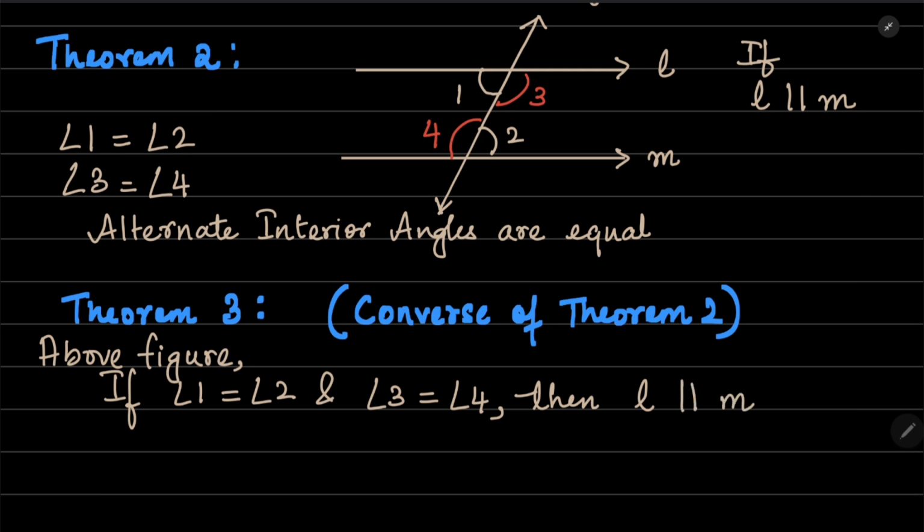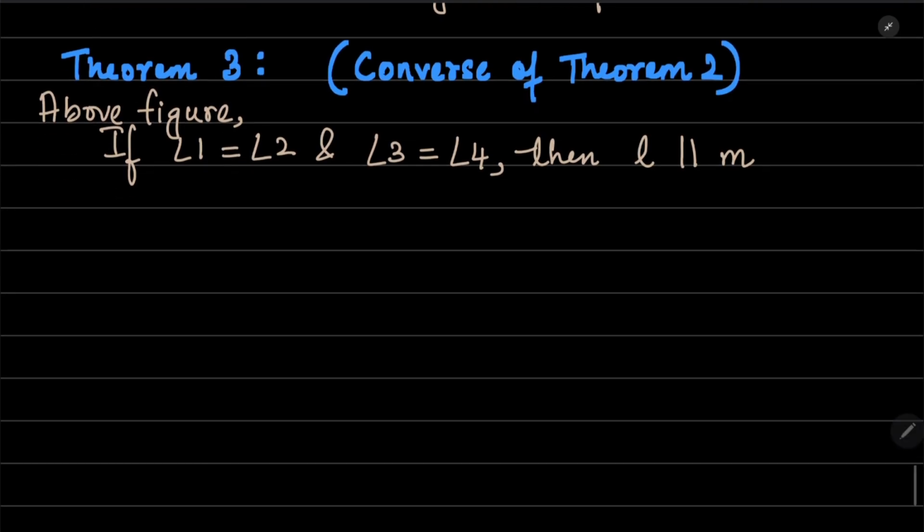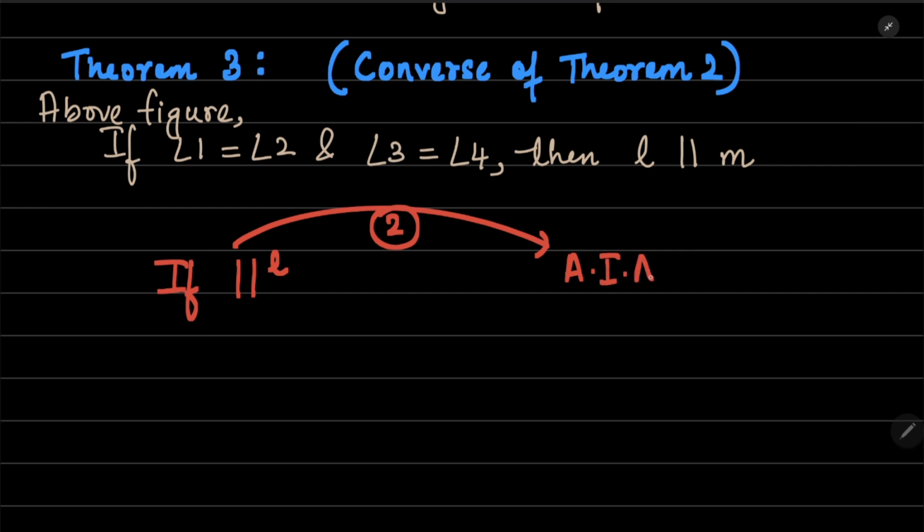It's just the converse. So what does theorem 2 say? If the two lines are parallel, then alternate interior angles are equal. And what does theorem 3 state? If the alternate interior angles are equal, then it means the lines are parallel. So let me write here again. If the lines are parallel, according to your theorem 2, alternate interior angles are equal, right?